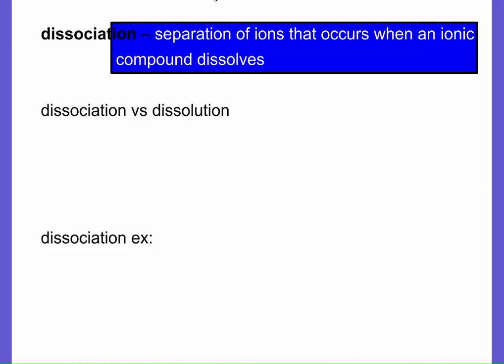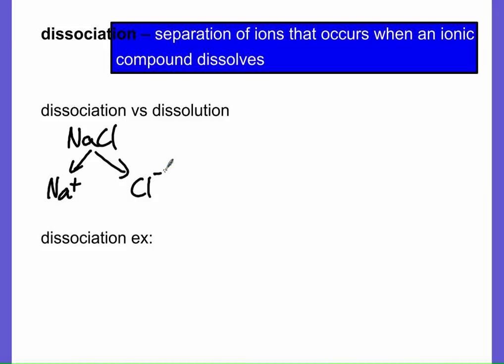An example of dissociation: if I put salt in water, that salt is not just going to dissolve, it's also going to separate into its ions, right? Because salt has sodium and chloride ions in it that can separate in that solution.